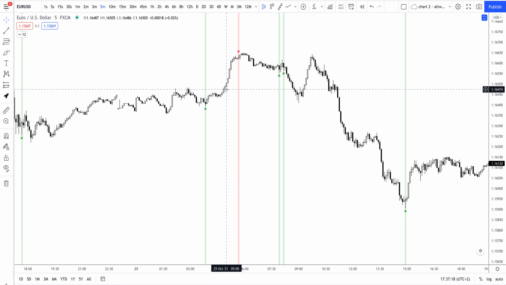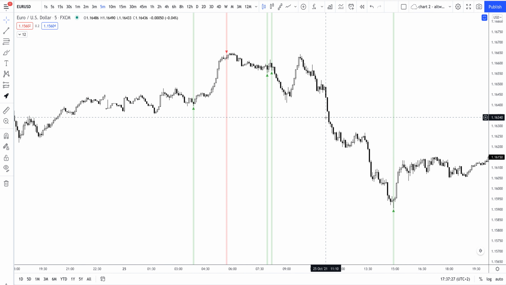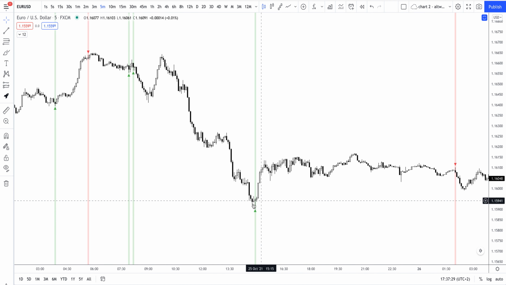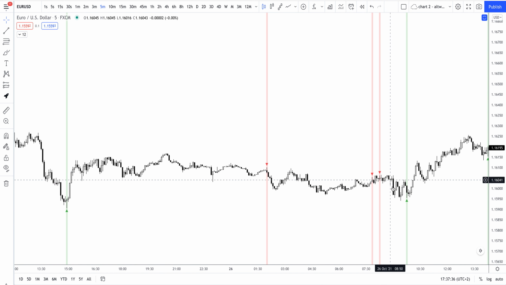This is a very good signal. Here we have some fake out because price then drops again. Here it called exactly the bottom. Here another good signal.